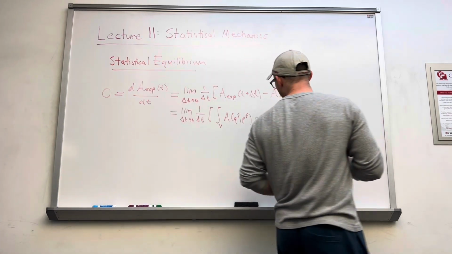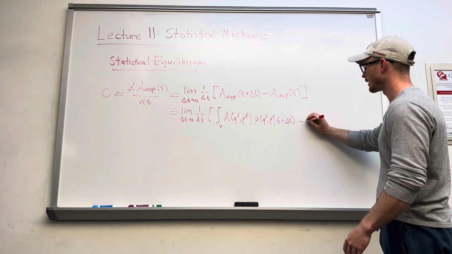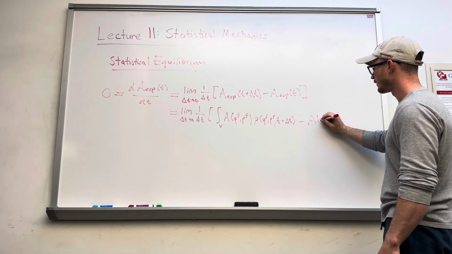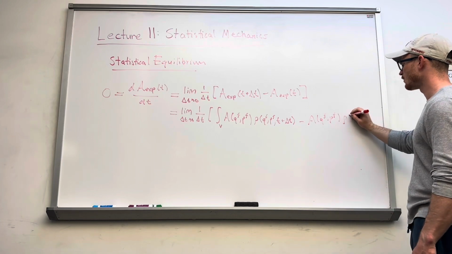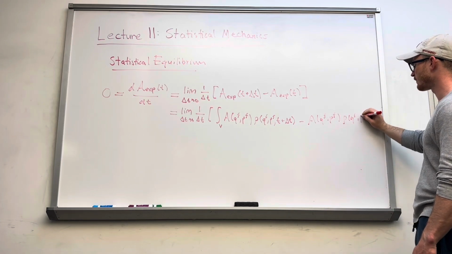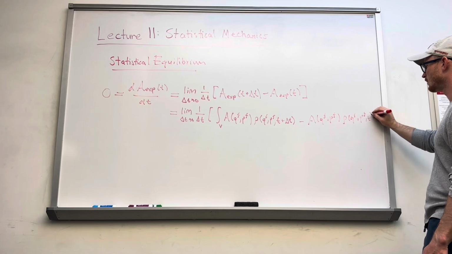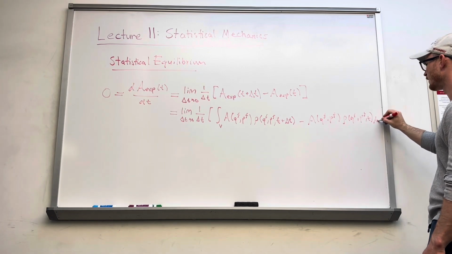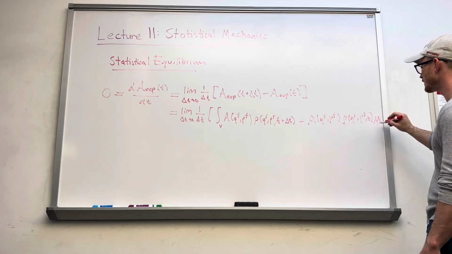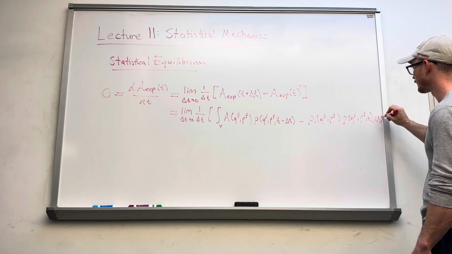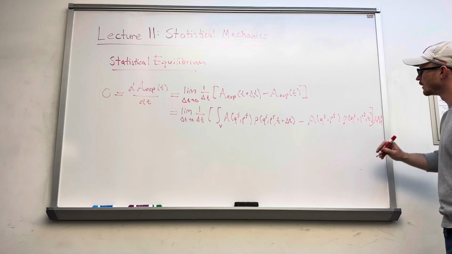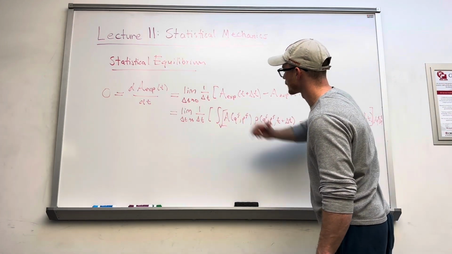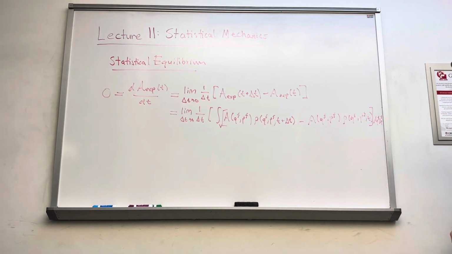And then we have minus, I'm just going to move them all under one integral sign, minus A of q_f p_f times rho of q_f p_f and t. And this is integrated over the volume dq_f dp_f. Maybe give some brackets here to specify what the integral is taken over.